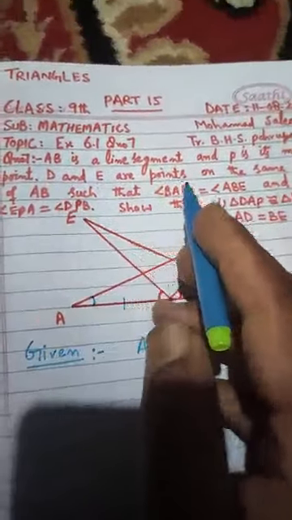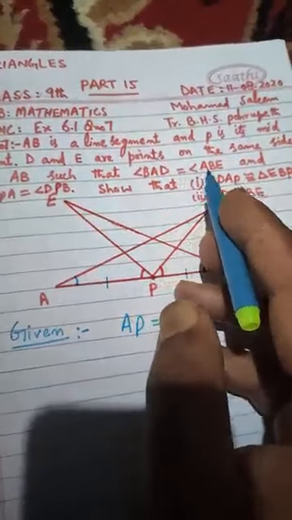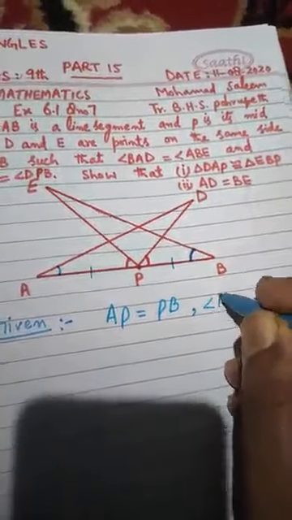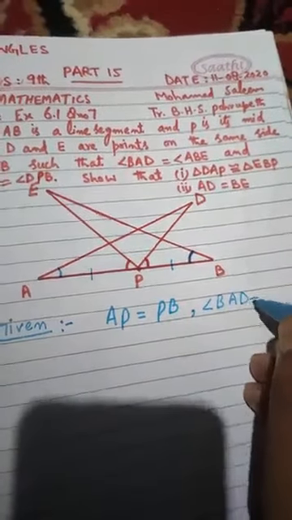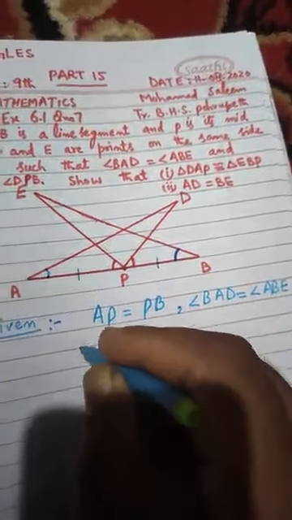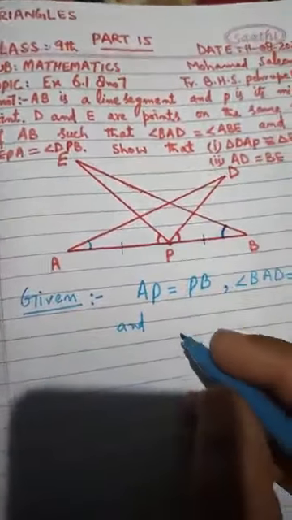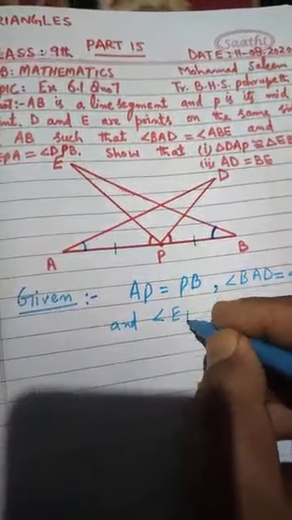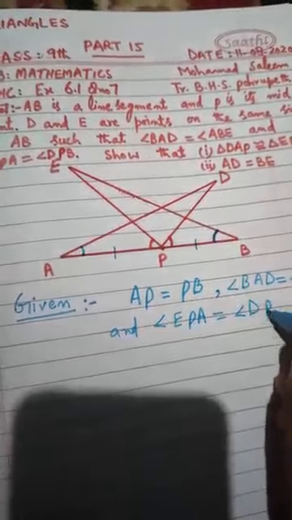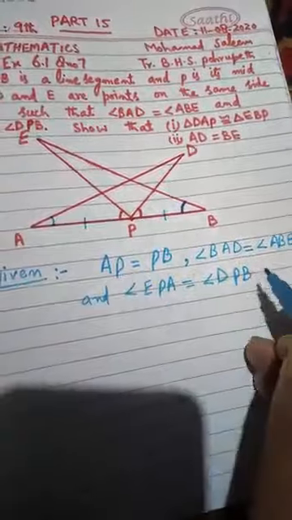Yes, D and E are points on the same side of AB such that angle BAD is equal to angle ABE, and we have angle EPA is equal to angle DPB. So these were the things which were given.